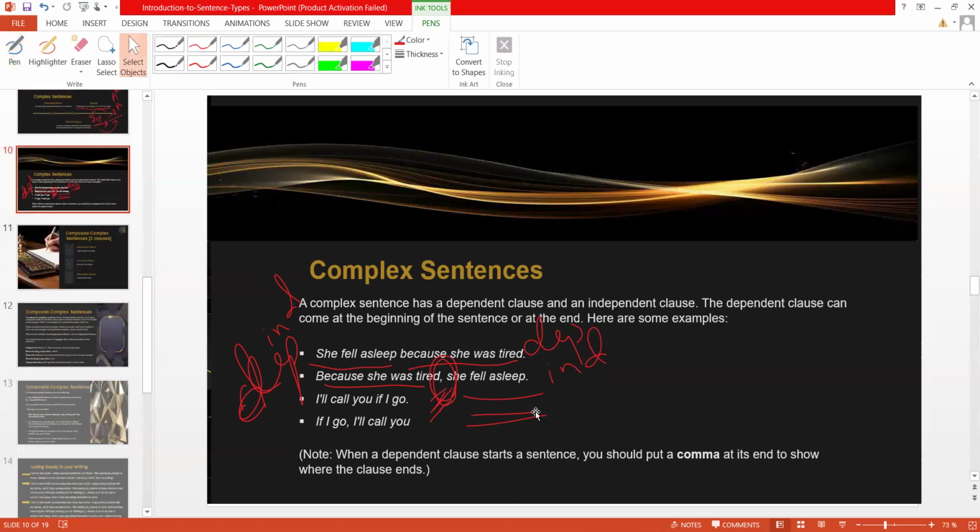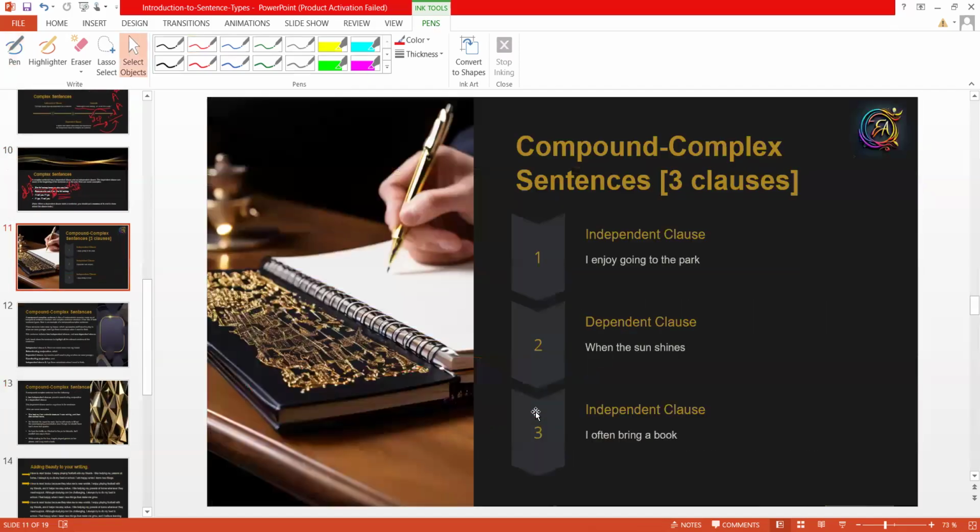Now, moving on to the fourth part. The fourth type is the compound complex sentence. What does this name indicate? It means that we are combining two types of sentences, a compound sentence and a complex sentence.